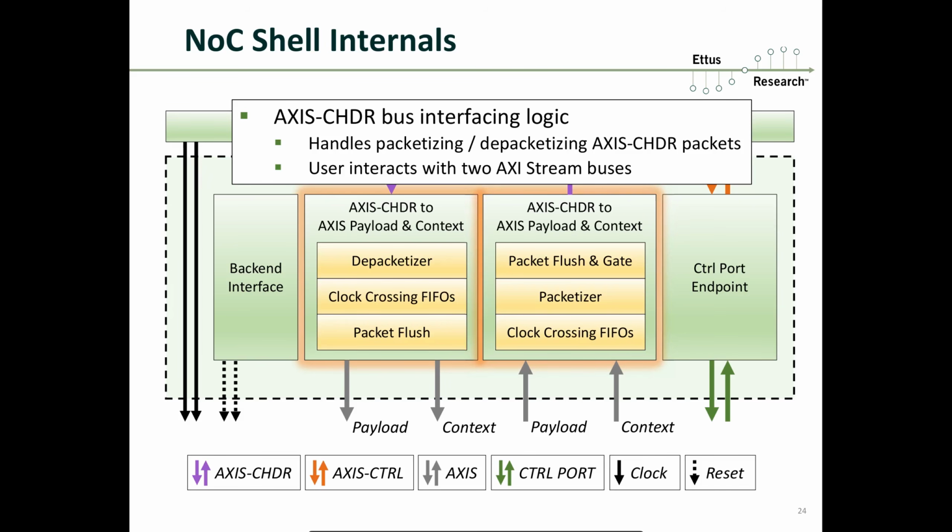So you don't have to worry about handling the rfnoc related packets and understanding the cheddar packet protocol. Noc Shell is going to handle it for you. You just worry about your simple AXI stream buses there at the bottom.